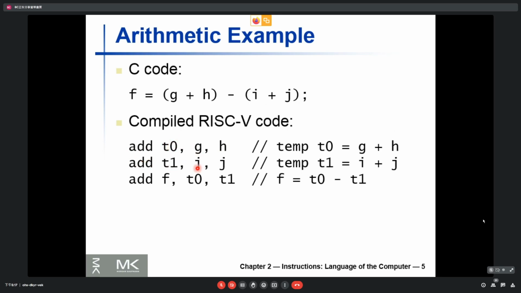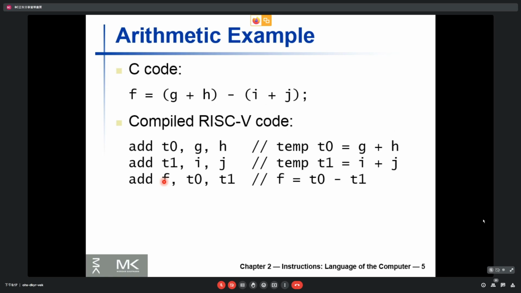You add I and J, you put into temporary T1. And then you add T0 and T1, and you put it into F. So you should do, 你应该是用减吧？这个不是加，这个应该是减吧？This should be sub, S-U-B, sub T0 minus T1, and you put the result into F, and that's your program.